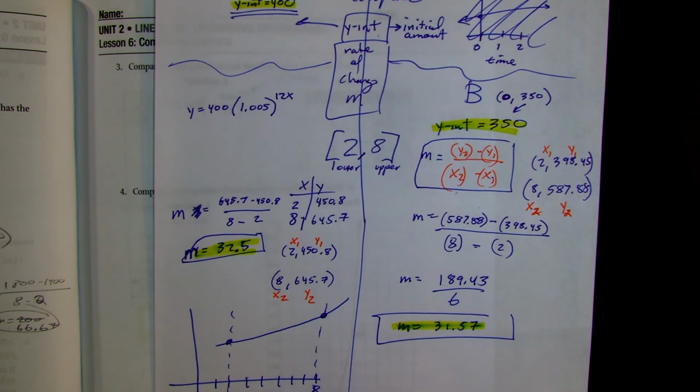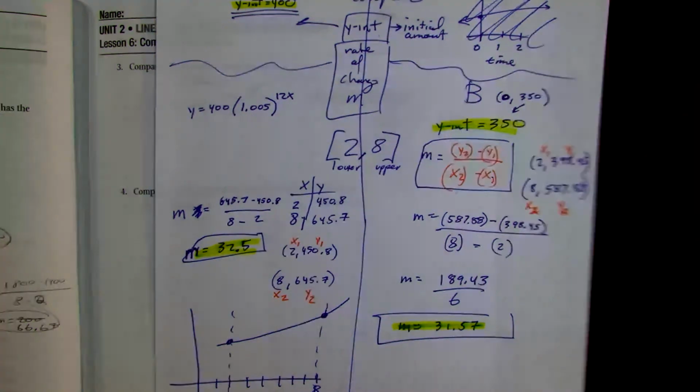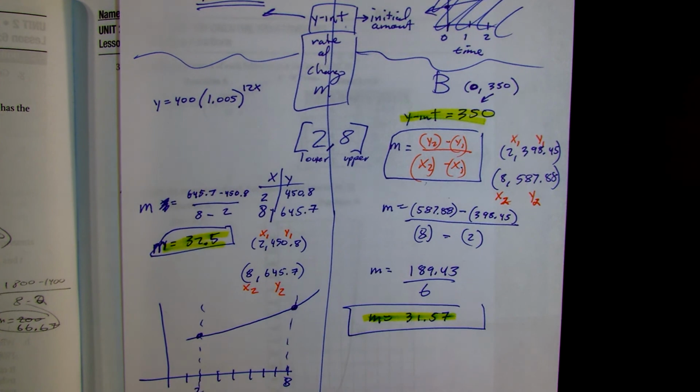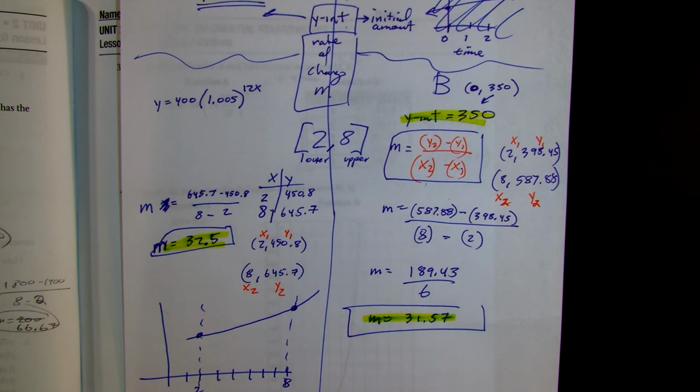So this is what I would say for all this. I'd say function A has a greater starting amount, or y-intercept, and increases faster.